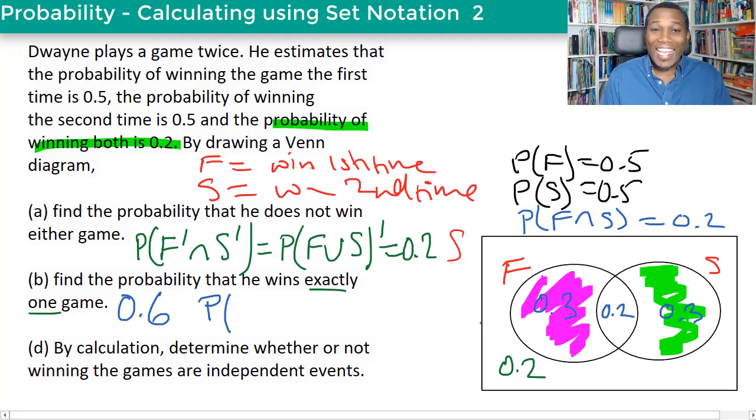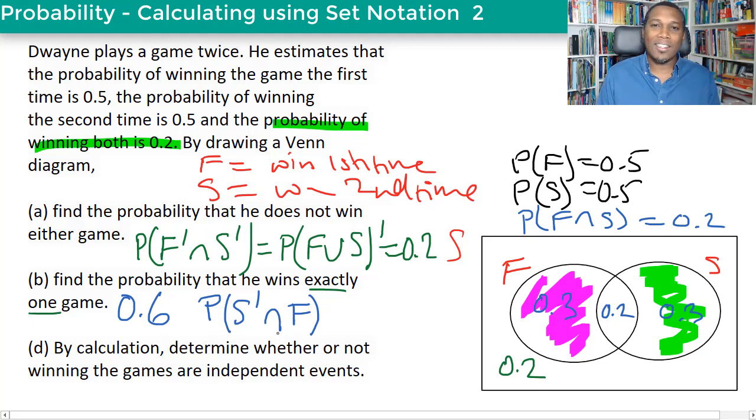It's not an S, but it has to be an F. Not an S, because it cannot be in the S egg, but it has to be in the F egg. So not S intersection F, or I can put that as F intersection S prime. That's that region.